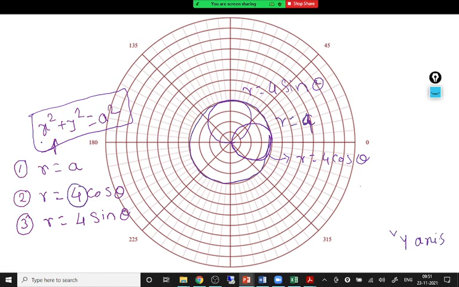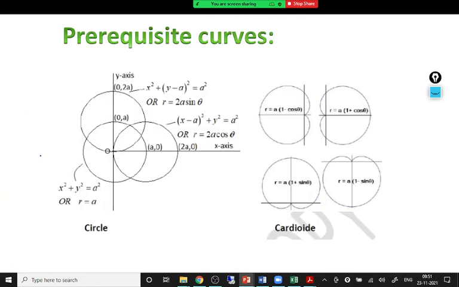So I will show you those curves on the next slide. So here are those curves. The first is r equal to a. Next curve is r equal to 2a cos theta.